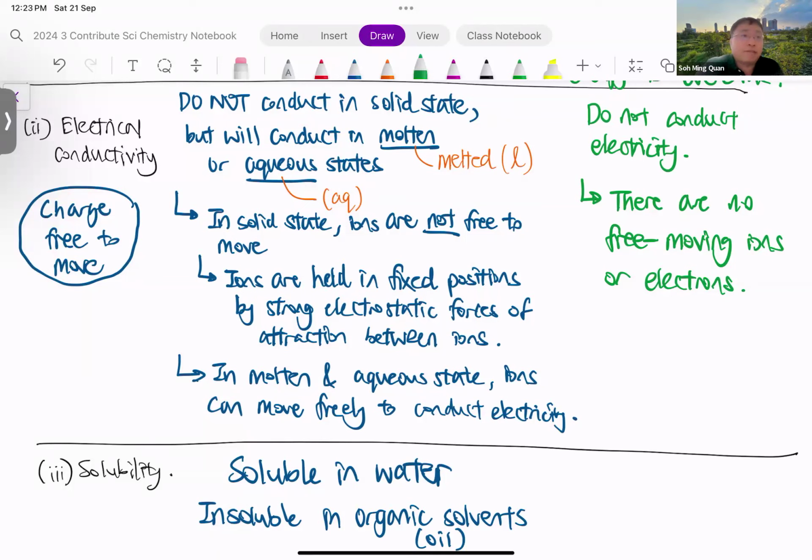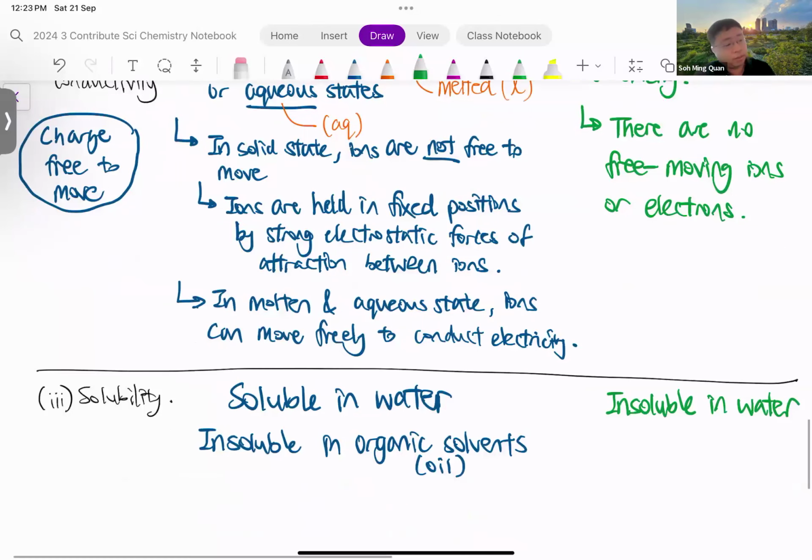On the other hand, for the covalent substances, it's the opposite. Most simple molecular substances, covalent substances, are insoluble in water. For instance, carbon dioxide doesn't dissolve very well. It's slightly soluble, but not very soluble in water.